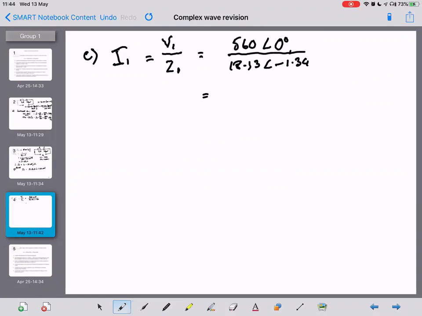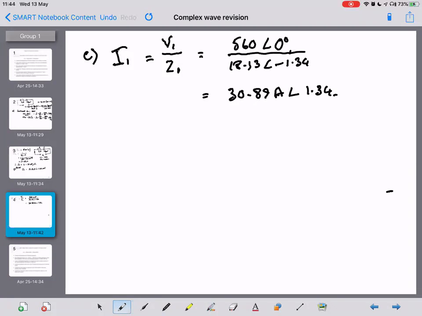You remember how to do that? 560 divided by 18.13 is 30.89 amps. And then the angle is 0 minus minus 1.34, so plus 1.34.